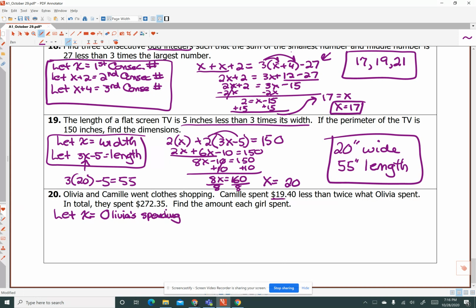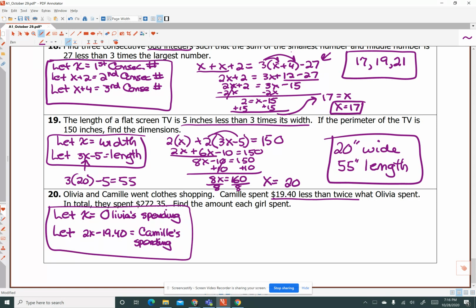Now, $19.40 less than twice what Olivia spent. So I'm going to let 2x minus $19.40 be Camille's spending. And that's our X box.